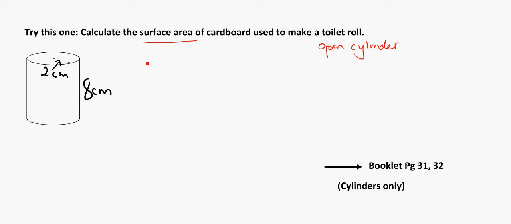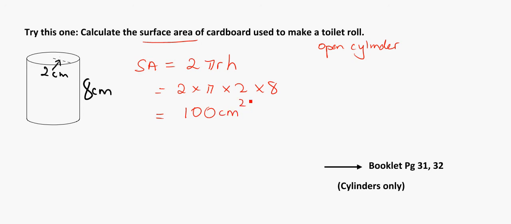And so the surface area is just going to be 2 pi rh. So put your numbers in, 2 times pi times 2 times 8, and use your calculator, and you should get 100 centimetres squared.